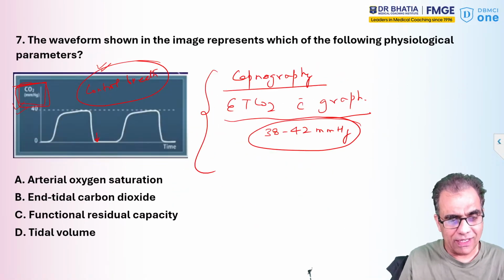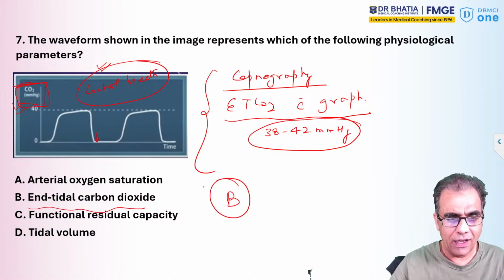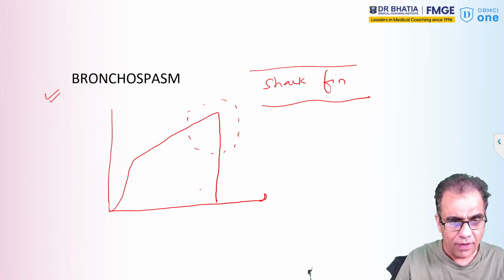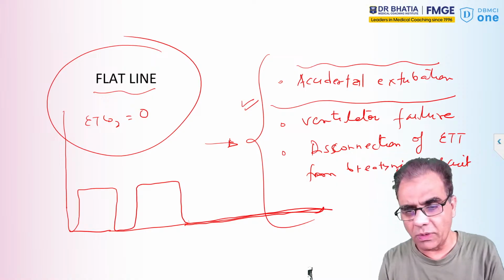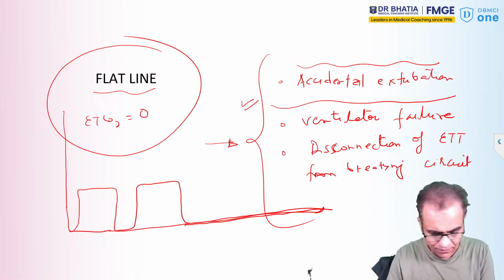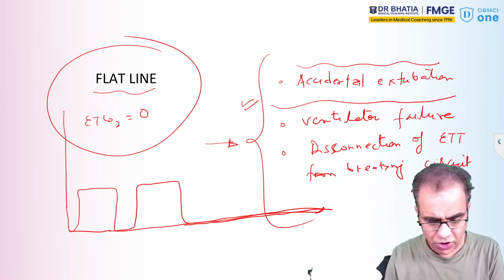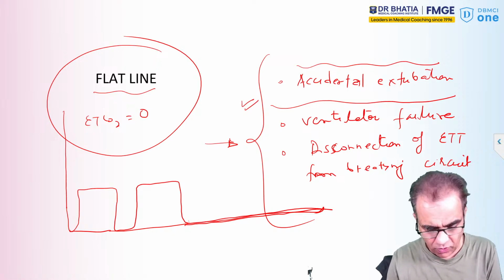So now you can understand that this is a graph of end-tidal carbon dioxide. So that is all the questions they sent me. Now let me go to my chat box and see if there is any question which we have found doubtful.